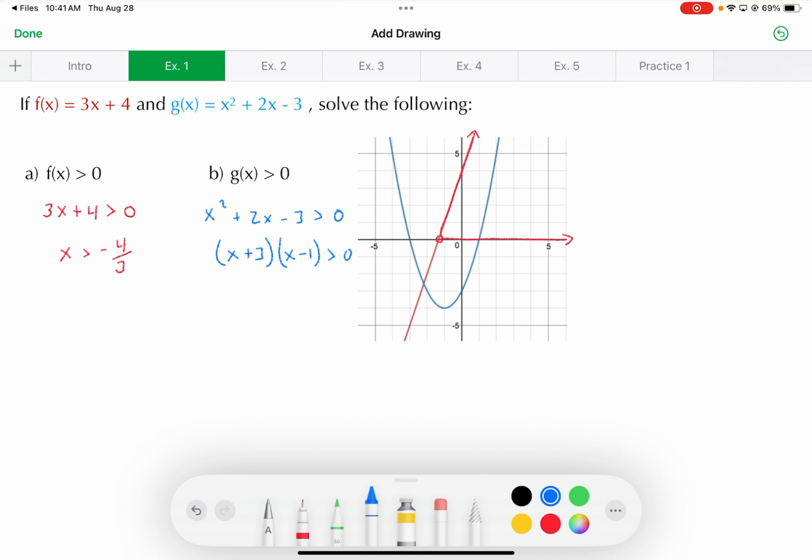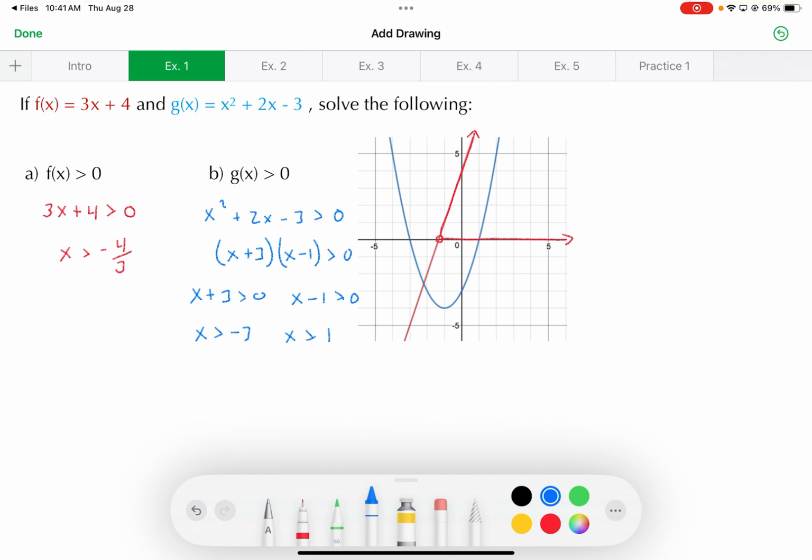Everything's good up to this point, and then here's what I see from this. I see x plus 3 greater than 0 and x minus 1 greater than 0. Solving those, I get x greater than negative 3 and x greater than 1. Okay.